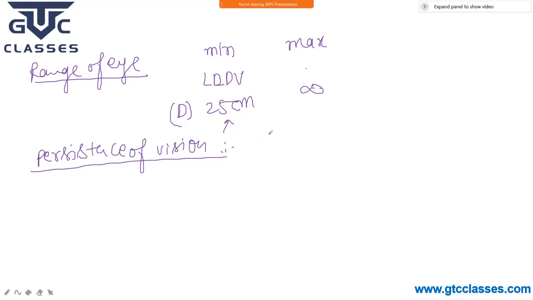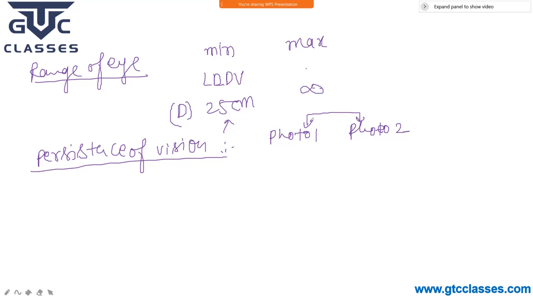Let's say this is photo 1 and photo 2. Suppose the question comes, do we need to see both these photos in some time interval so that we can remember, or we can distinguish that these are two photos, or is there no limitation for the time?